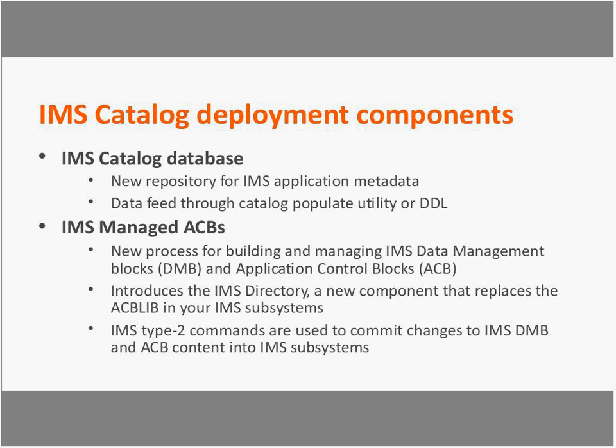So there is a one-to-one relationship between the IMS directory and the catalog. The third thing, I guess, is that online change is replaced by IMS type 2 commands that commit the database DMB control block changes and the ACB content changes for IMS to use appropriately.